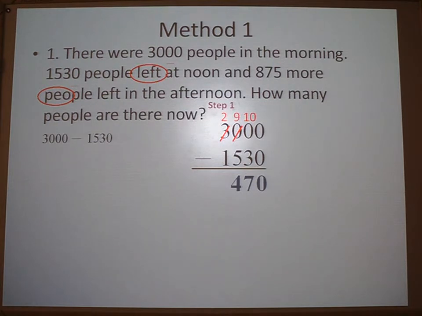And 2 minus 1 in the 1000th place is 1. So therefore, for step 1, the first answer will be 1,470. So for the sentence of step 1, it would be: there were 1,470 people at noon.